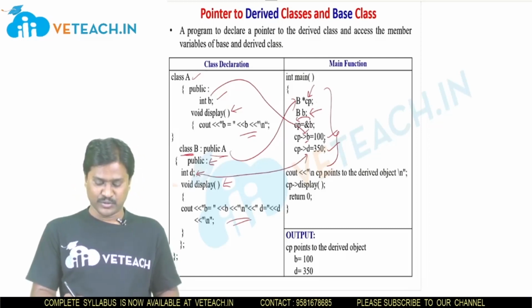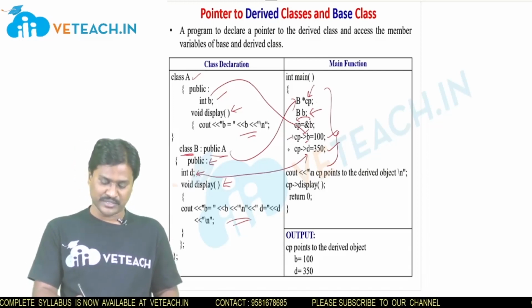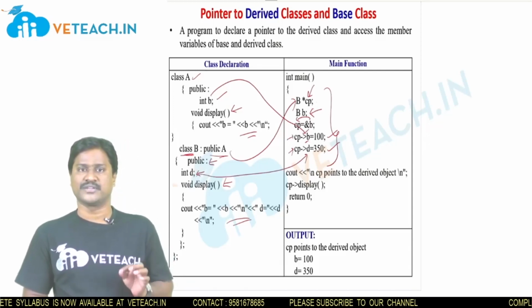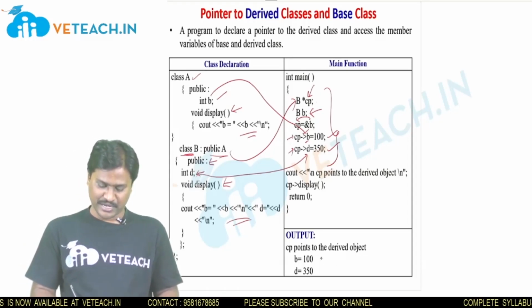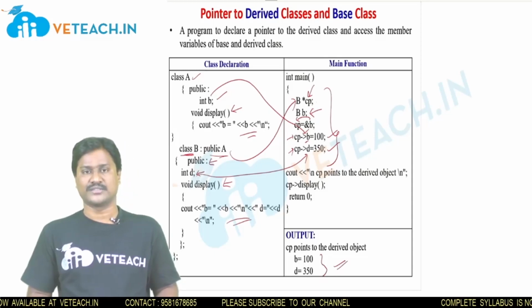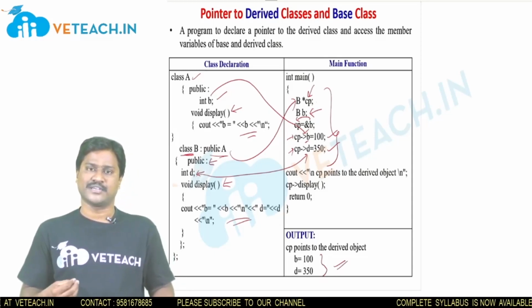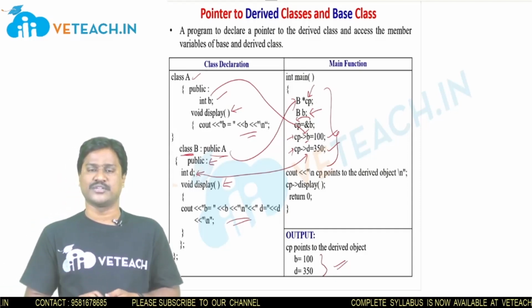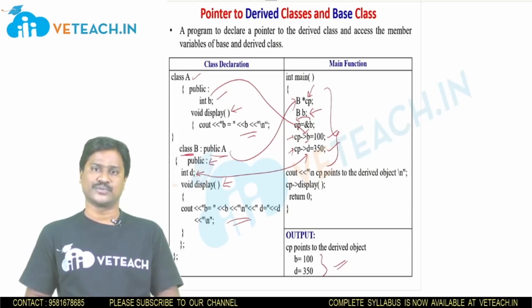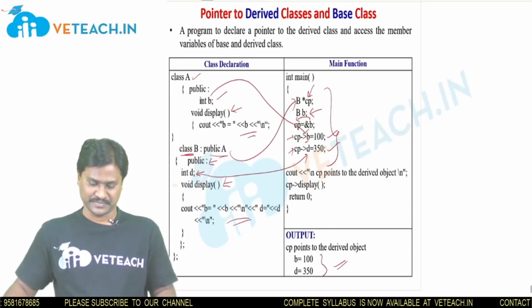I can access and initialize both values using this pointer, which is assigned to the object of the derived class, and it displays these values like this. So this is one simple scenario of how to assign a pointer to an object, and how to use this pointer to the derived class to access the members of the base class as well as the derived class.